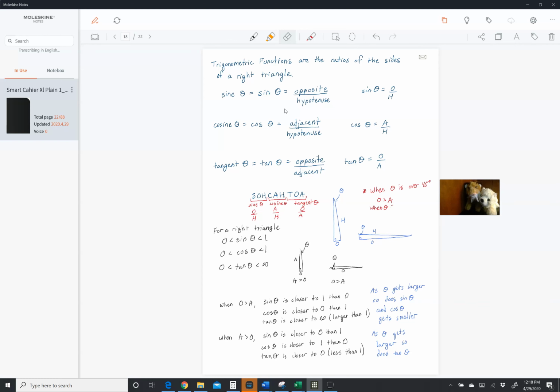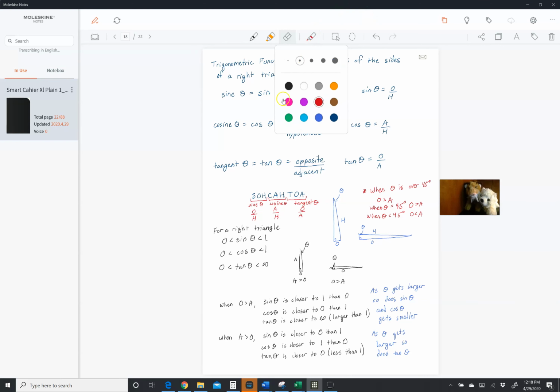When theta equals 45 degrees, the opposite equals the adjacent. And when theta is less than 45 degrees, the opposite is less than the adjacent. It's just a little thing that might be helpful as you're doing these problems, just to say, again, we want to check the reasonableness of our answer.